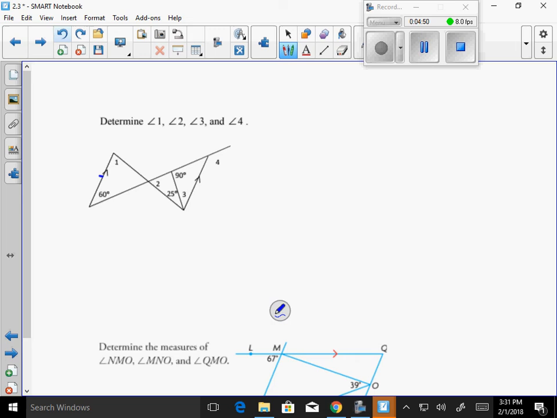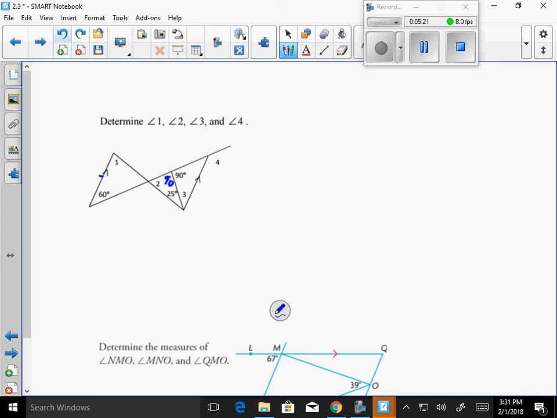All right, so let's start looking at this. So I want to solve for 1, 2, 3, and 4. Now you don't necessarily have to prove them all in this order. It kind of depends on what you want to do. Because I know that this is a straight line here, okay, and this line cuts it at 90 degrees, I know that this side is also going to be 90 degrees.